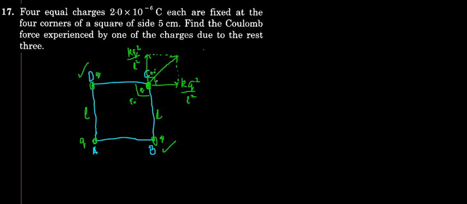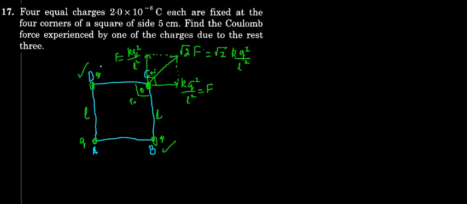So the resultant is going to be, if you call this F, this is also equal to F, and the angle is 90 degrees, the resultant force would be simply root 2 times F. And that is equal to root 2 times K Q square divided by L square. Okay, this is the resultant of the forces exerted by the charge at vertex D and the charge at vertex B onto the charge at vertex C.